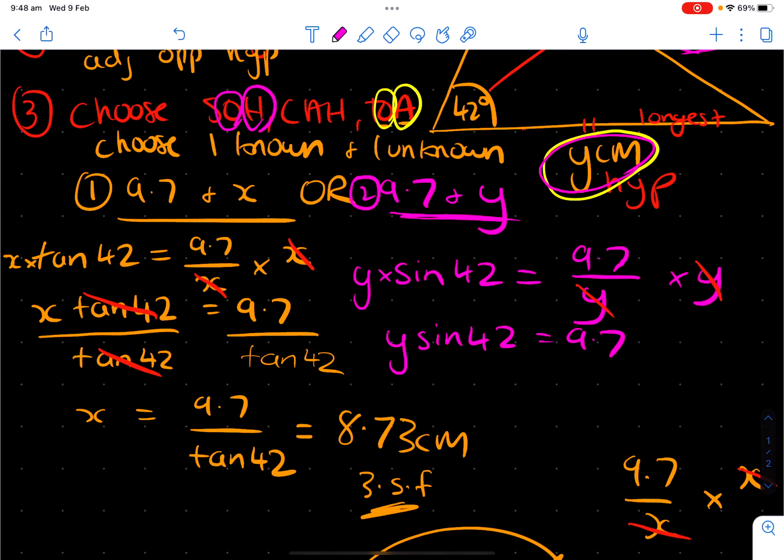The second step is to get rid of sine 42. So the inverse operation of multiplication, once again, is division. So this little multiplication here is the one we're using to cancel this out via division.